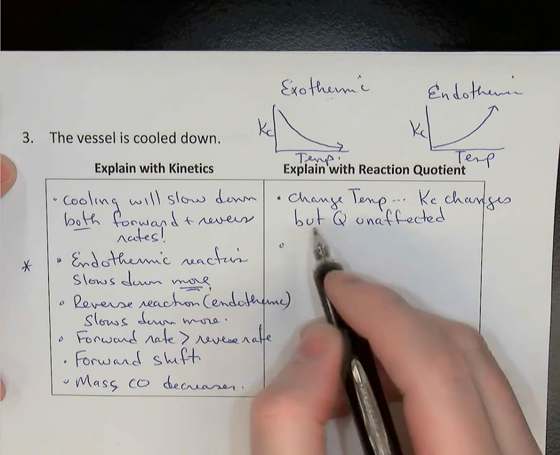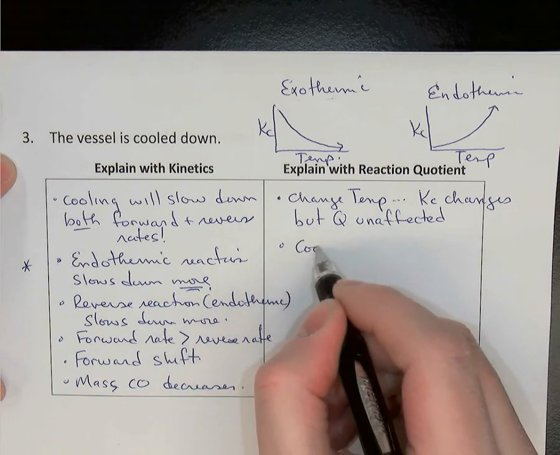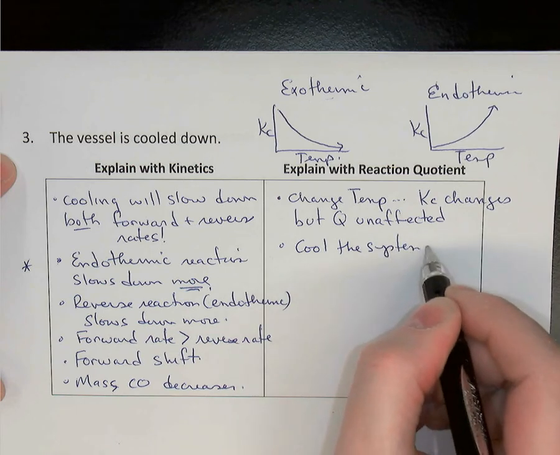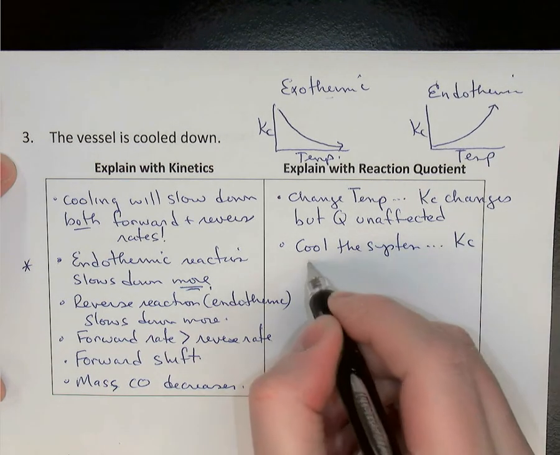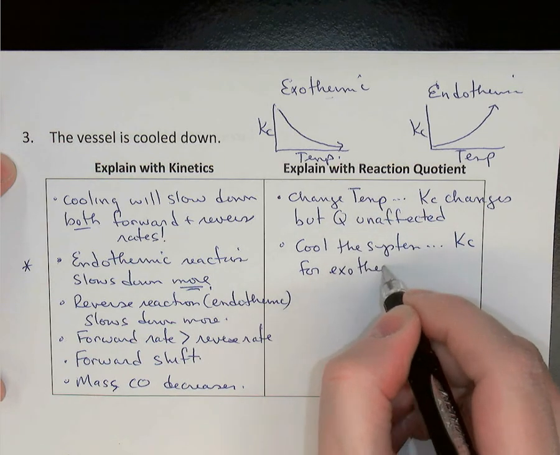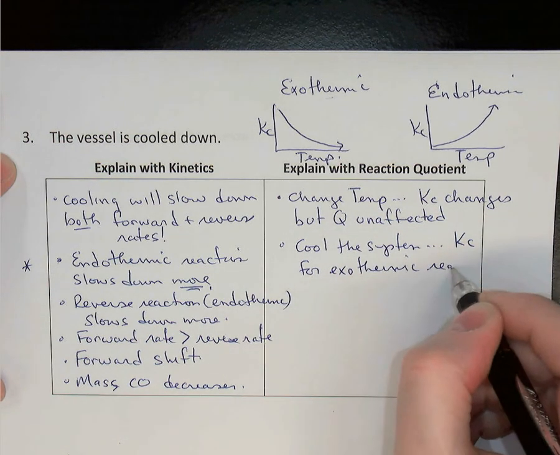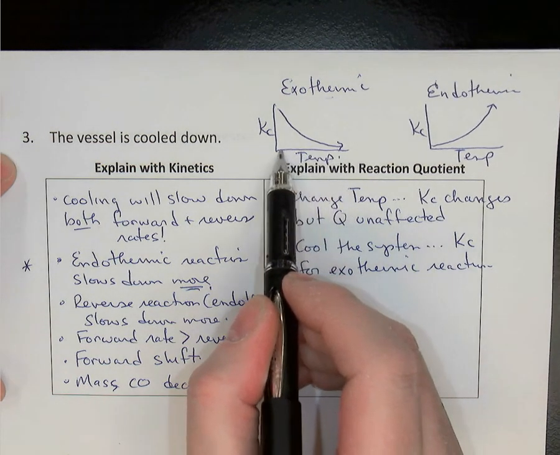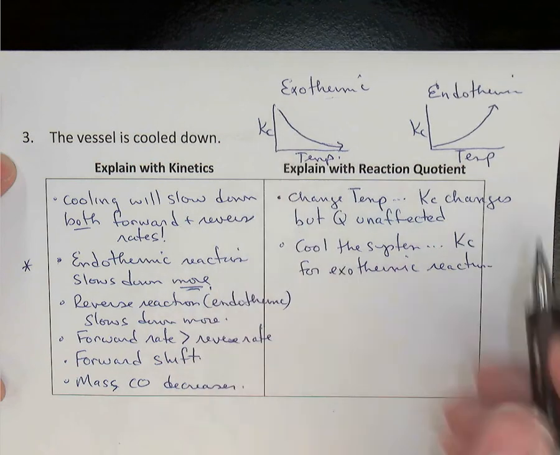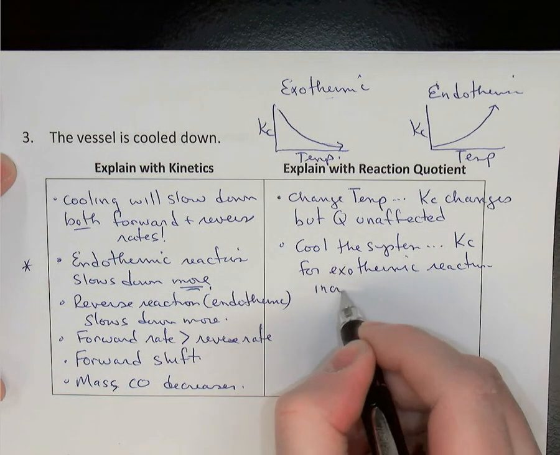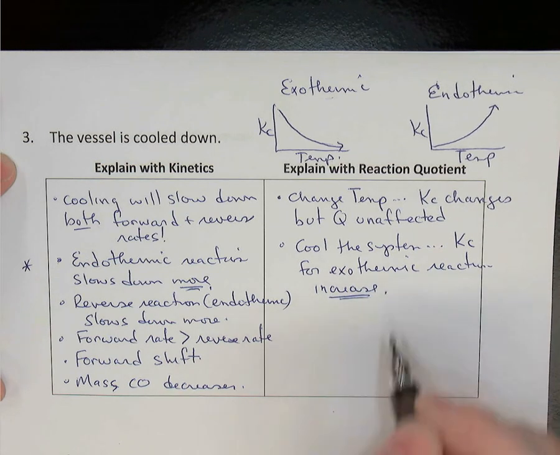Therefore, since we're cooling the system down, Kc for an exothermic reaction, look at the graph, when the temperature gets smaller, the Kc gets bigger. So Kc for exothermic reactions increases. Okay?